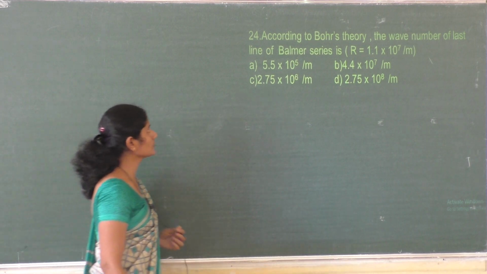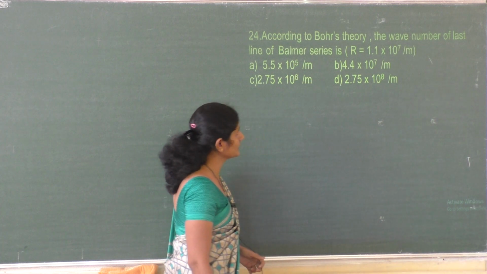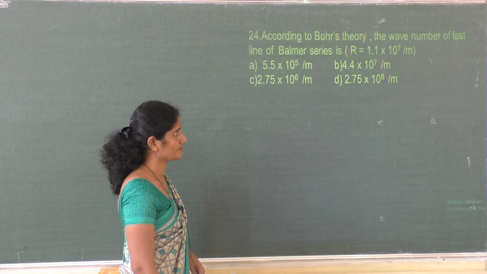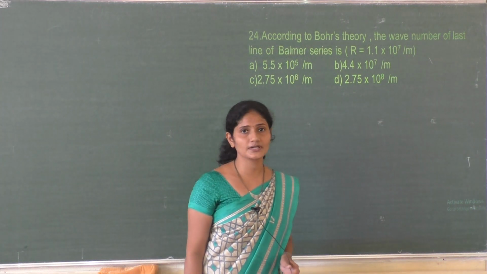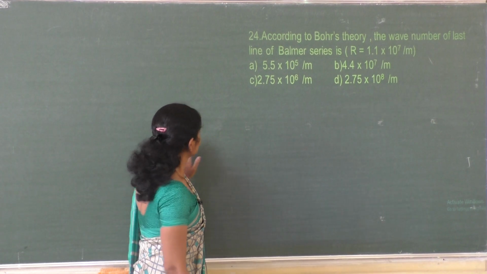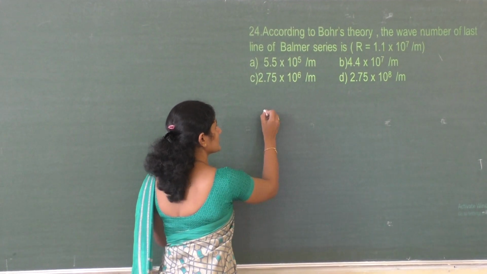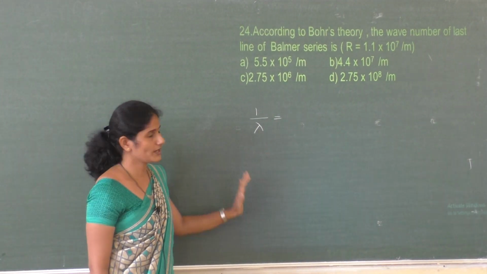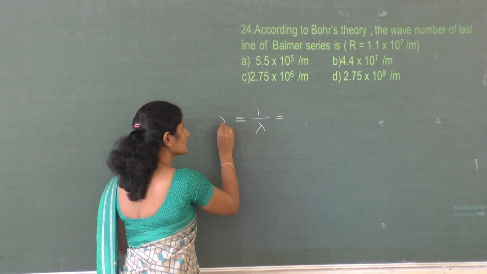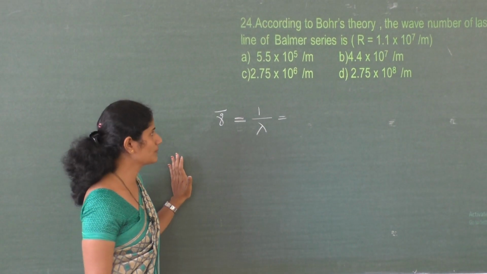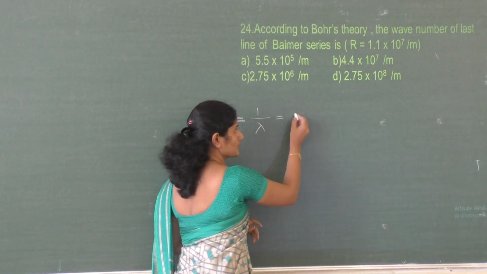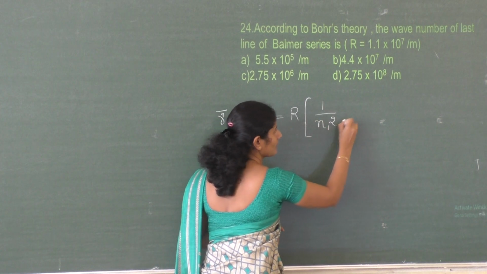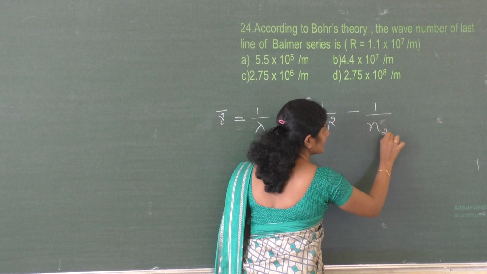Question number 24. According to Bohr's theory, the wave number of last line of Balmer series. What do you mean by wave number? According to Bohr's theory, the wave number is denoted by the symbol 1 by lambda, which is equal to nu bar. Nu bar or 1 by lambda is a wave number, equal to R into 1 by n1 square minus 1 by n2 square.